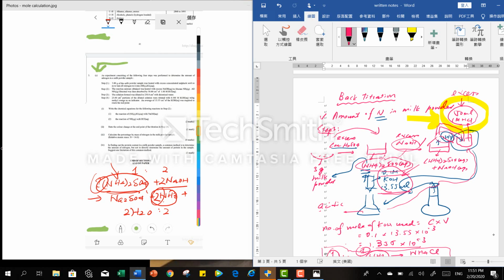By working out the difference between the known amount of excess HCl and the HCl remaining, you can find the HCl that reacted with the ammonia. Then you will know the amount of ammonia, then the amount of (NH4)2SO4, then the amount of nitrogen, then you can work out the percentage mass of nitrogen.